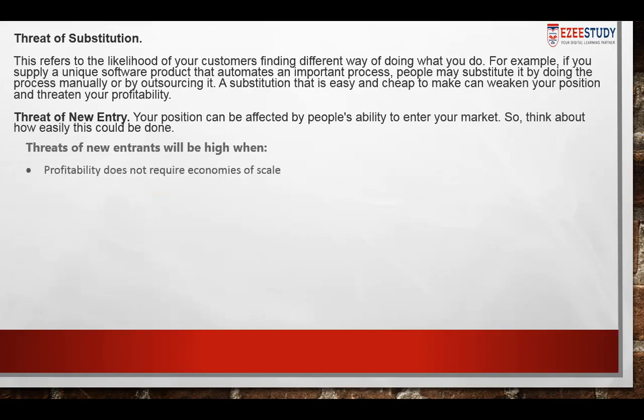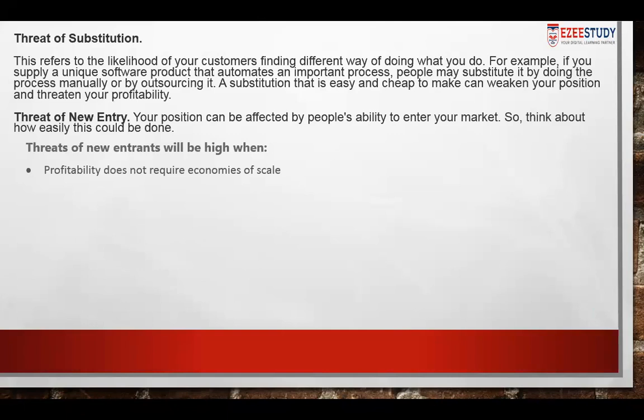Now, when will the threat of new entrants in the market be high? Another factor is the threat of new entrants. So when will the threat of new entrants be at a higher side?